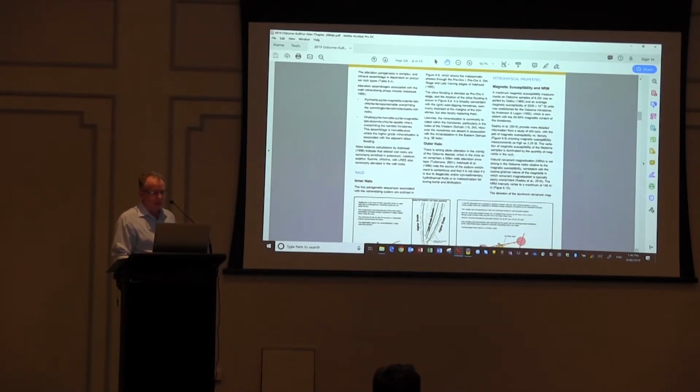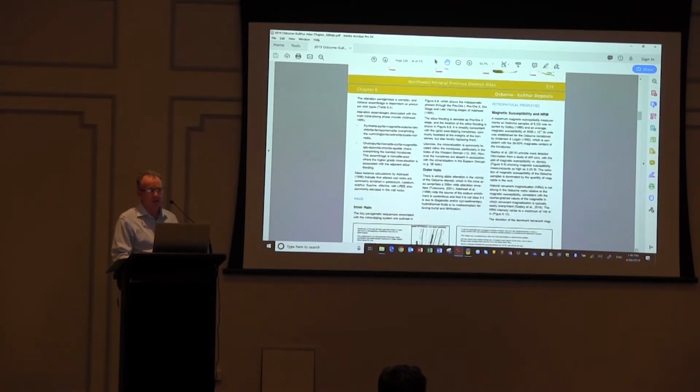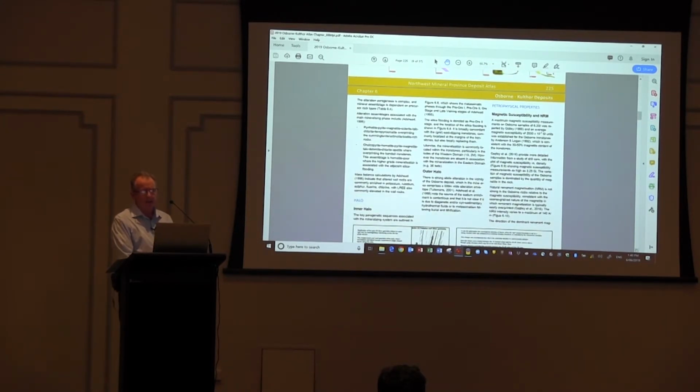We've looked at, so you can see here the outer halo and the inner halo. We've tried to characterise them. They're not so clear at Osborne. There was certainly, if Greg Morrison's here, you might be able to talk to him about it. He's done a lot of work there. But essentially there was a phase of alteration, calc-silicate alteration was one part of it.